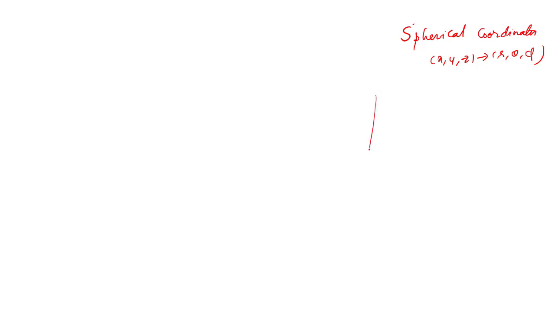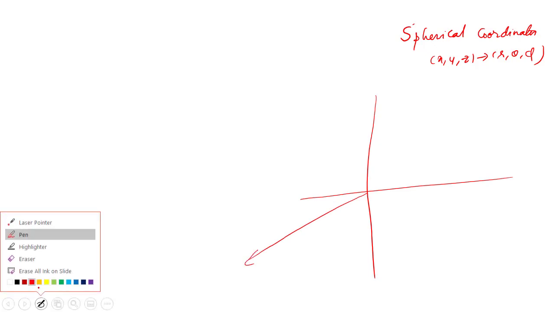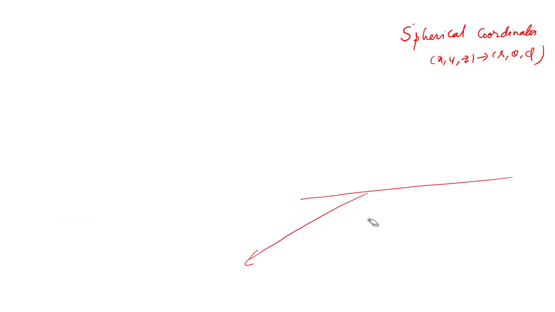Let me erase this here and redraw it this way. So x, y, and z. Instead of this, we now have r, theta, phi.